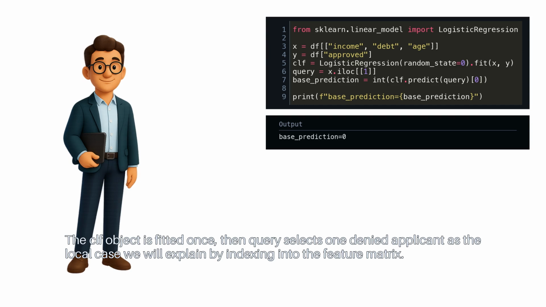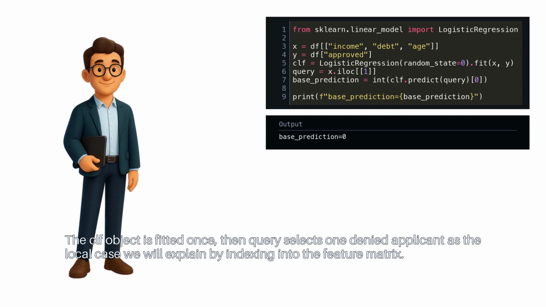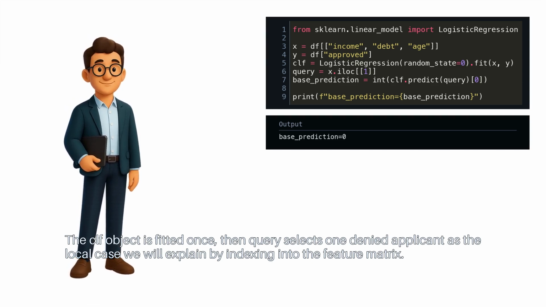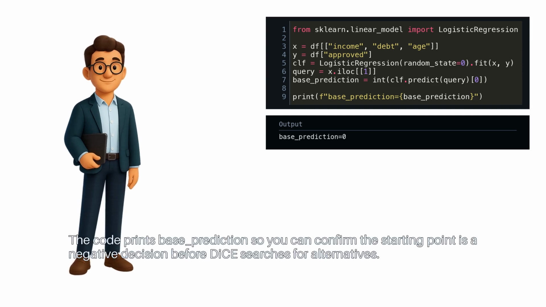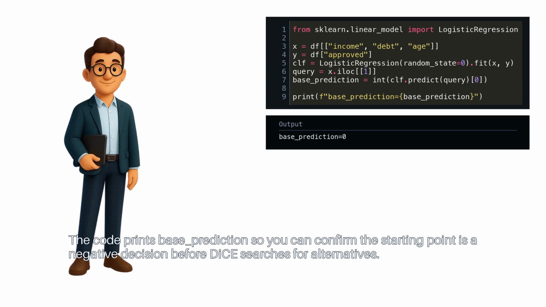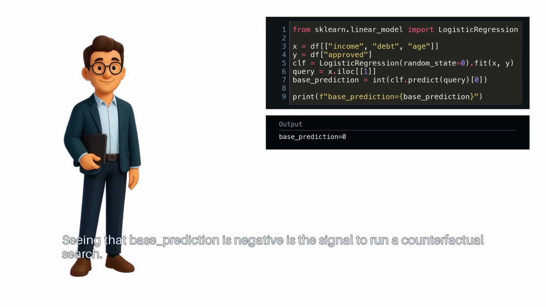The clf object is fitted once, then query selects one denied applicant as the local case we will explain by indexing into the feature matrix. The code prints the base prediction, so you can confirm the starting point is a negative decision before DiCE searches for alternatives. Seeing that base prediction is negative is the signal to run a counterfactual search.